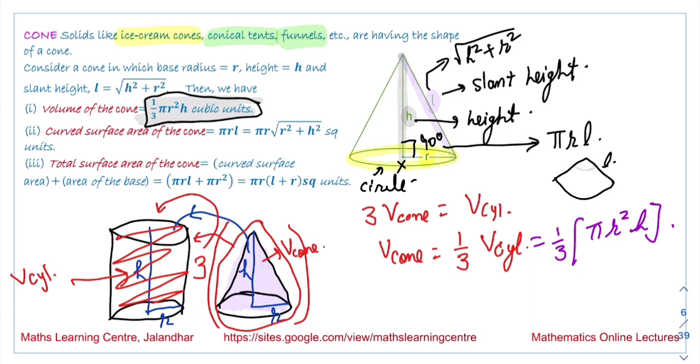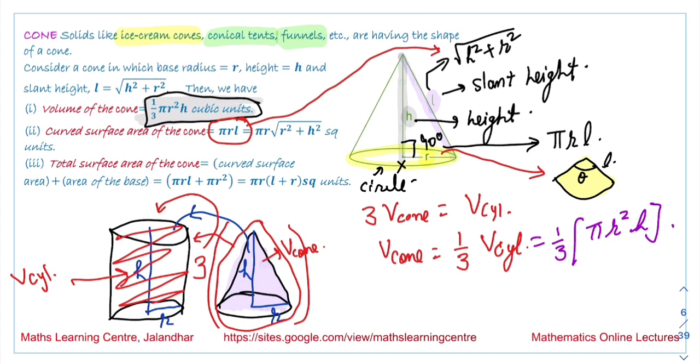This length will be L, and this angle will be theta. When we calculate the area of this sector, that gives us the curved area of this cone, and the answer is pi r L, where the value of L is the square root of h square plus r square.